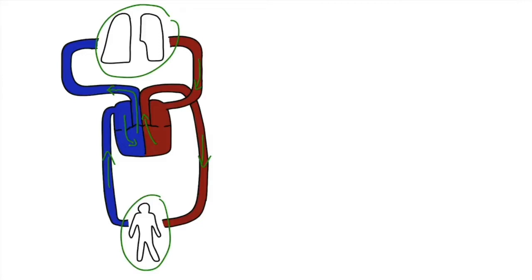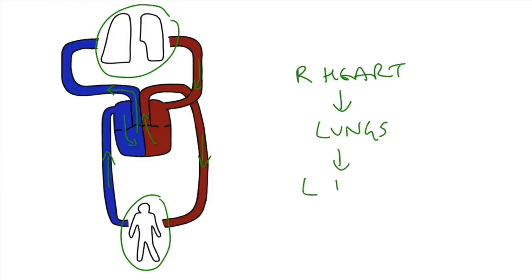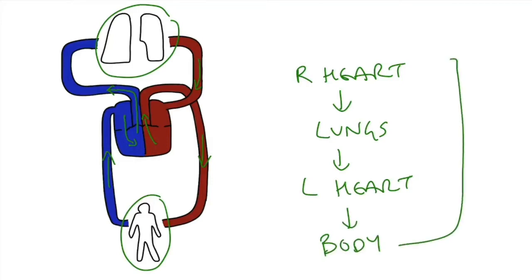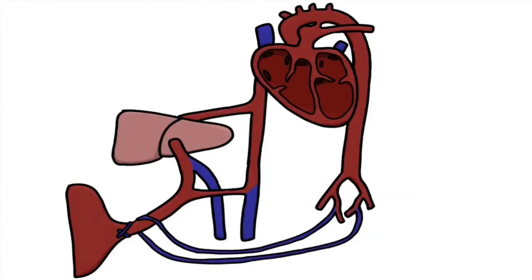So essentially the objective of postnatal circulation is to take blood from the right side of the heart to the lungs, then to the left heart, then to the body, and then to return back to the right hand side of the heart.